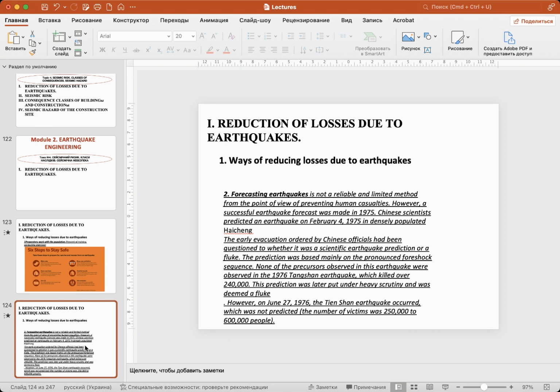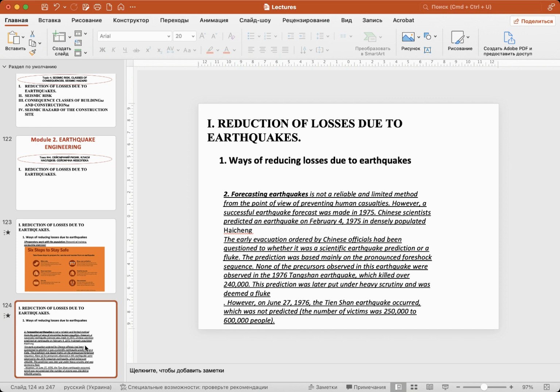For example, there was one earthquake in Haicheng in China in 1975, and during that earthquake, that big city, I don't remember exactly, with a population of around 1 million or maybe 6 million, something like that, almost the whole population was evacuated from Haicheng.